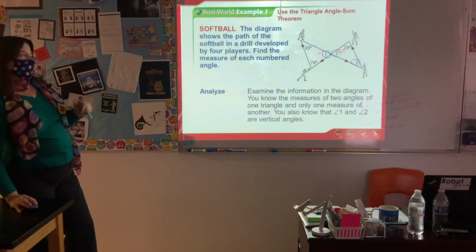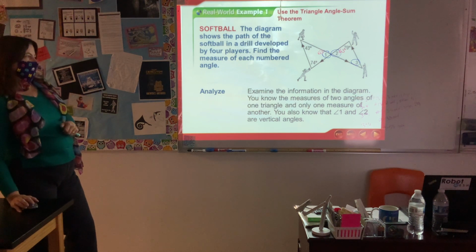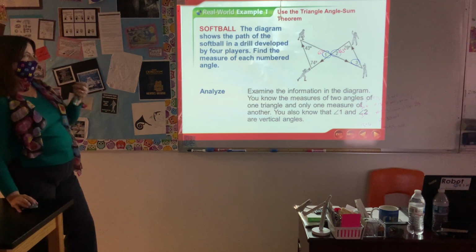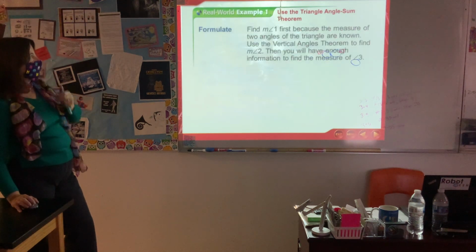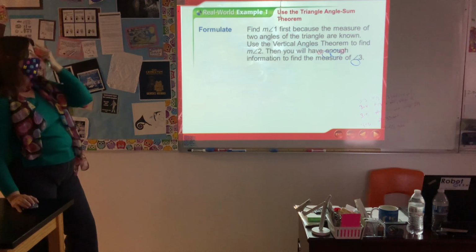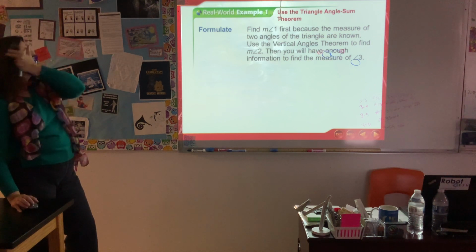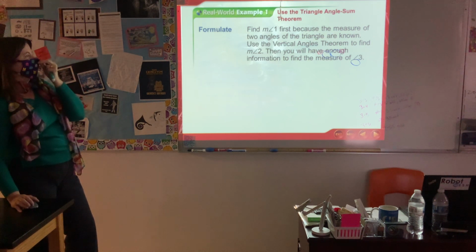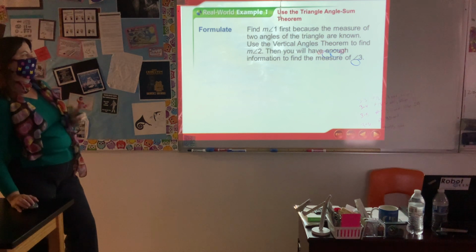It says you know the measure of 2 angles of one triangle and only 1 measure of the other, and that 1 and 2 are vertical angles. You find the measure of angle 1 because the 2 angles of that triangle are known, then use vertical angles to find the measure of angle 2, and then we'll have enough information to find the measure of angle 3.